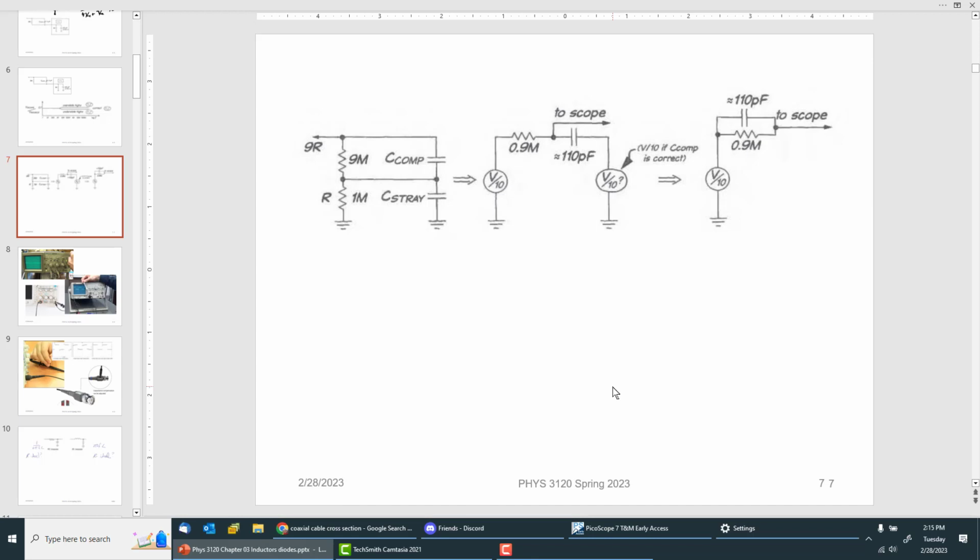Just stare at it for a minute. If this guy is in fact V over 10, if they're both V over 10, there's nothing wrong with replacing it with one of them that feeds into both components.